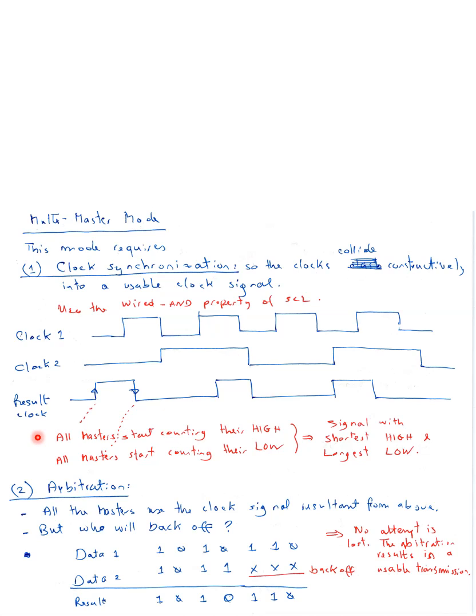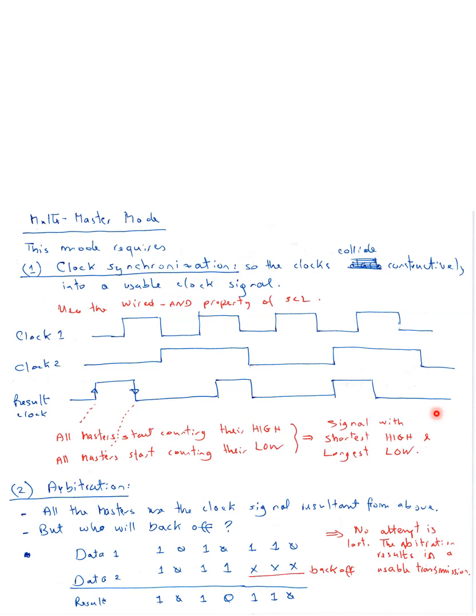The resultant clock that we're gonna see on the line is gonna have the shortest high and the longest low. So it's kind of like a mix between these two signals. And this clock signal is actually usable. So when these two masters clash, the I2C communication is still gonna continue based on this clock signal.